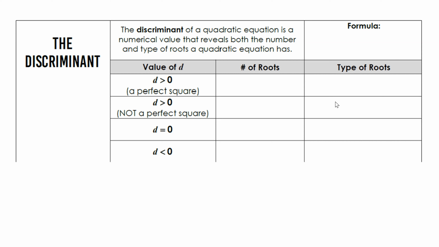So if the discriminant is greater than 0, or if it's positive, we're going to have 2 roots, meaning we're going to have 2 x-intercepts. Now, let's see what type of roots we're going to have.